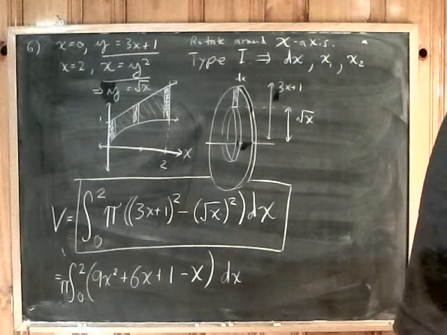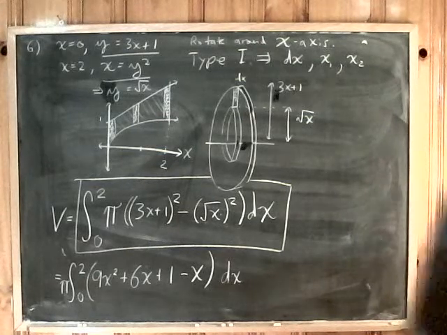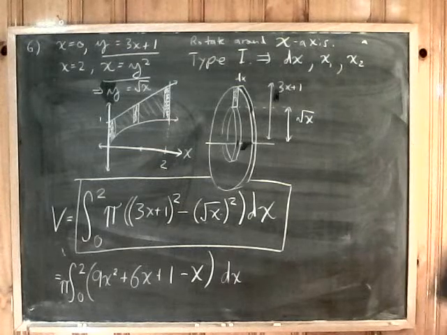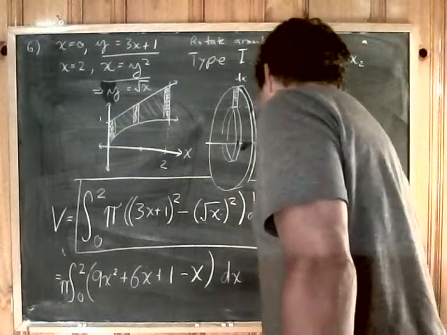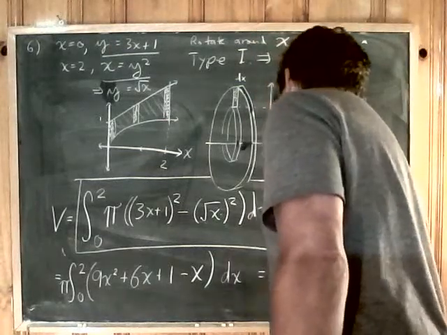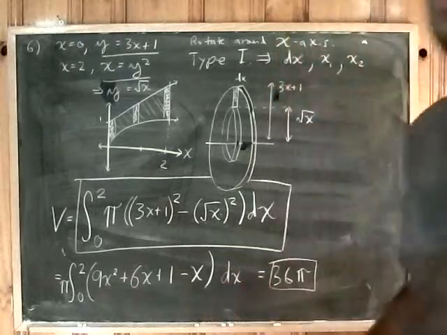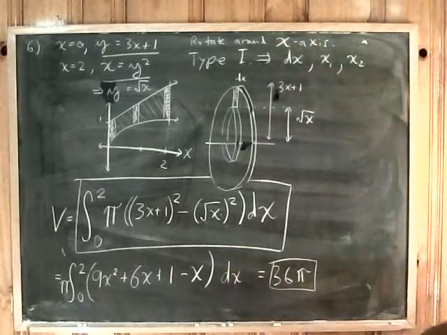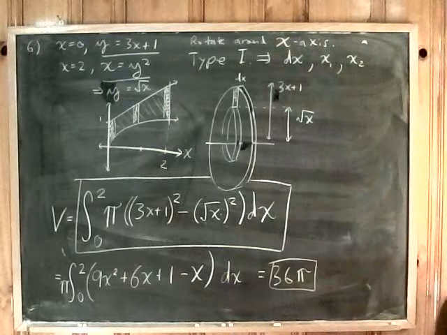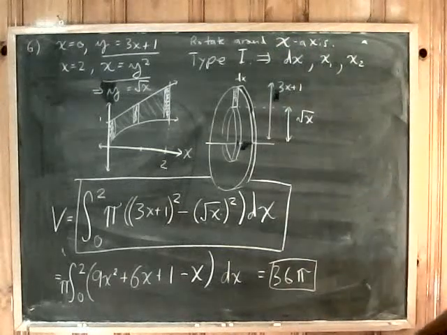Since I'm out of space on the board, I'll just look at it here. Comes out to 36 pi. But like I said, this would be an excellent problem to just say set it up, stop with the big box there, so that you don't have to do any more arithmetic on it.